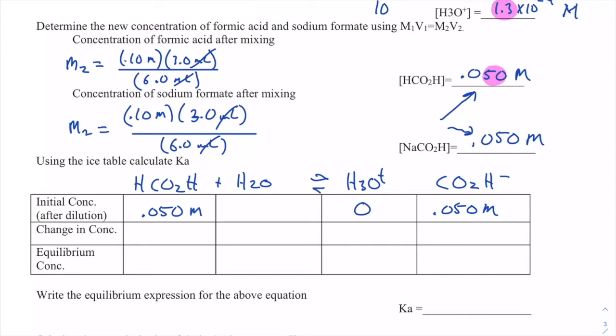So this is going to go up 1.3 times 10 to the minus 4th. Now wait a minute. Maybe you're wondering, because these are equal, how did I know which side was going to go up and which side was going to go down? Well, we can't go down from 0. We can only go up. So that's how we know.